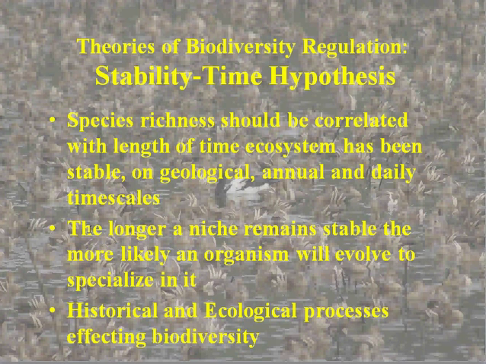So the idea is that if a niche exists and exists unchanged for thousands of years, you will inevitably get some organism which evolves to exploit that niche, and specialize in it.